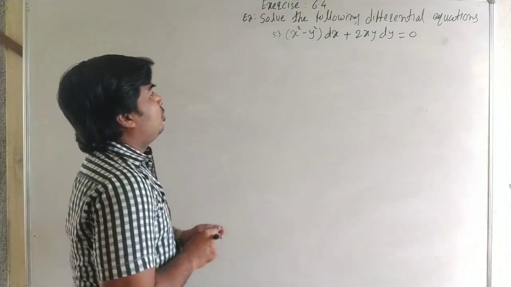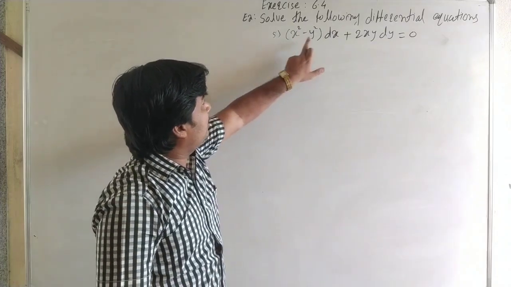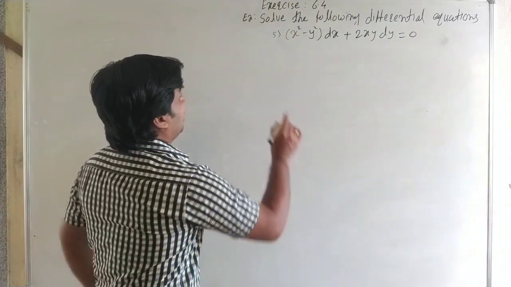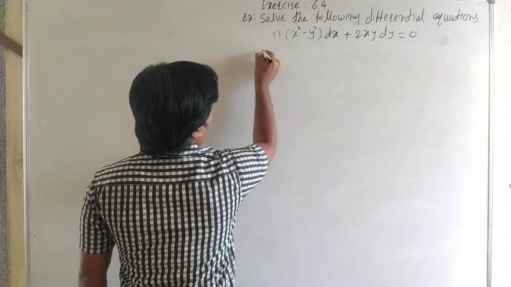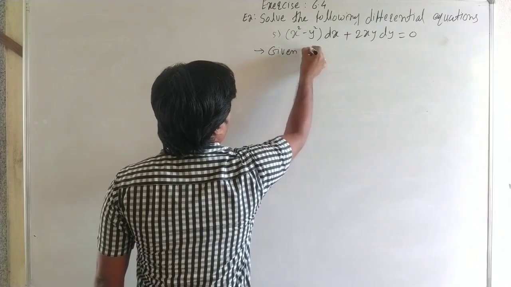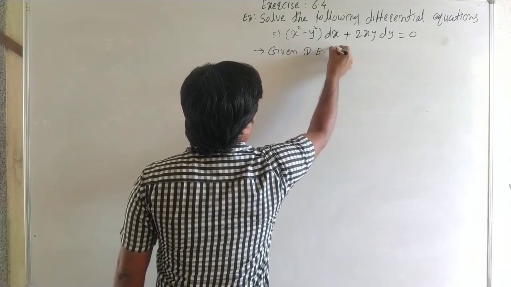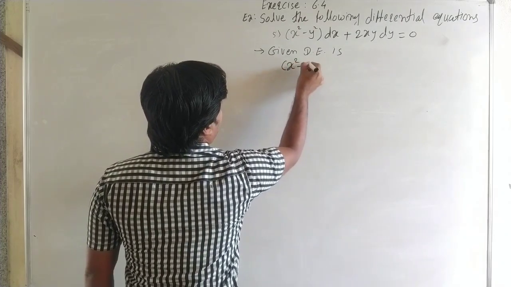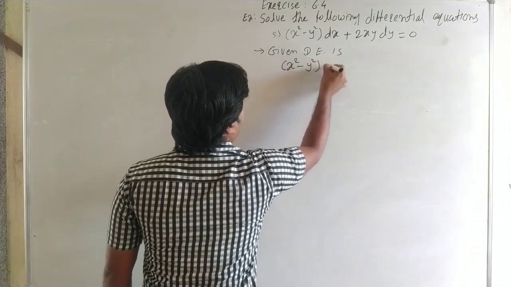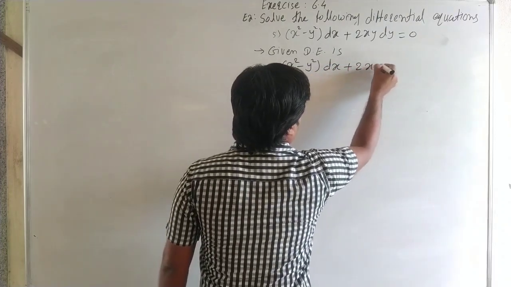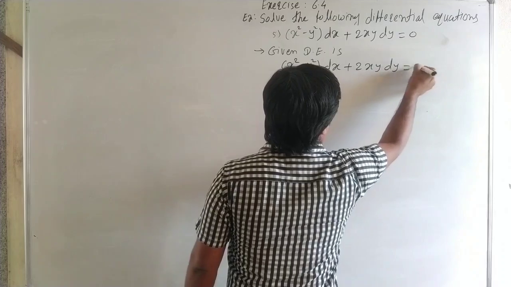Now again clearly it is a homogeneous differential equation because it is x square and it is 2xy. Degree of all three terms is the same. Therefore the given differential equation is x square minus y square dx plus 2xy dy is equal to 0.